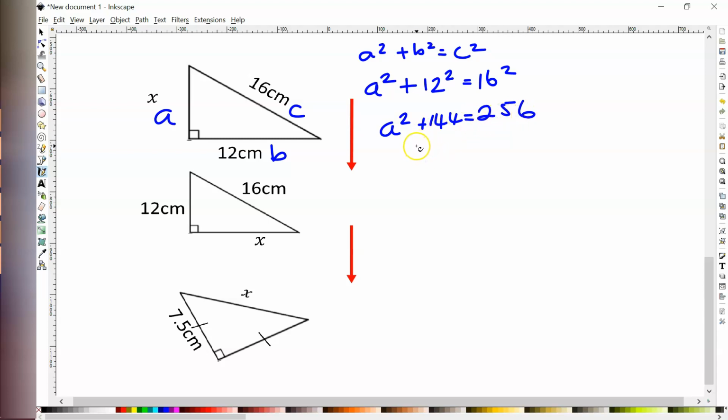So we're trying to solve for a squared, so we would subtract 144 from both sides. This goes away, and that gives you a squared equals 256 minus 144, so 112.